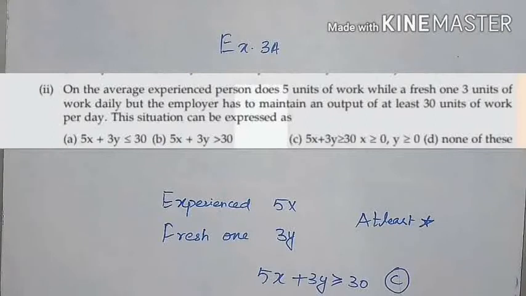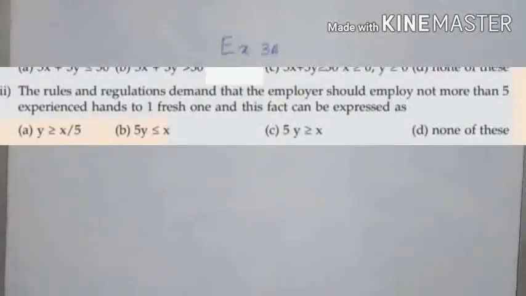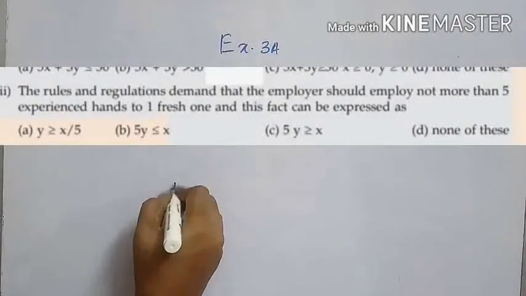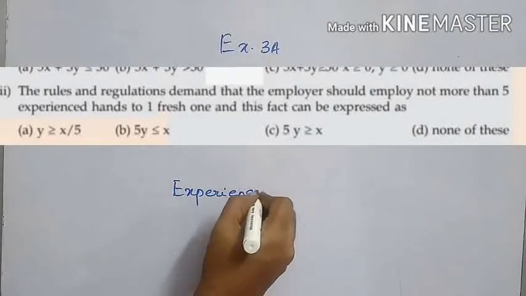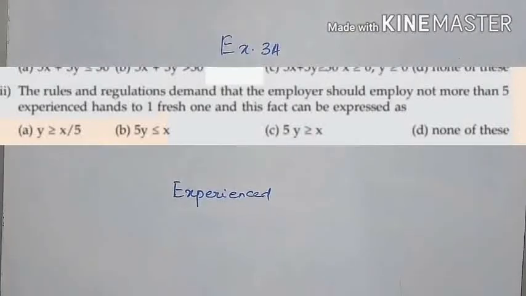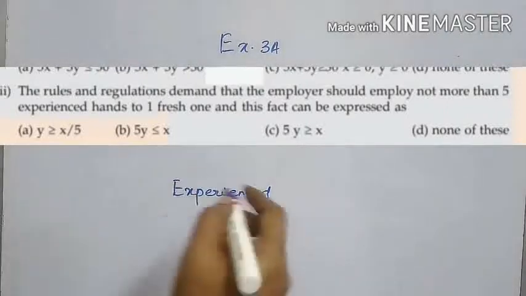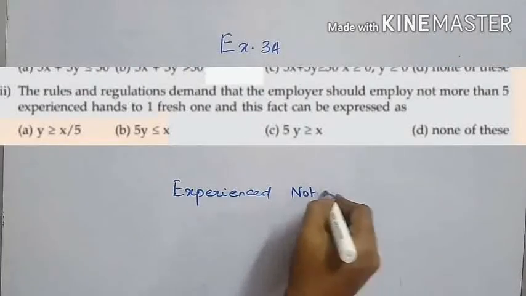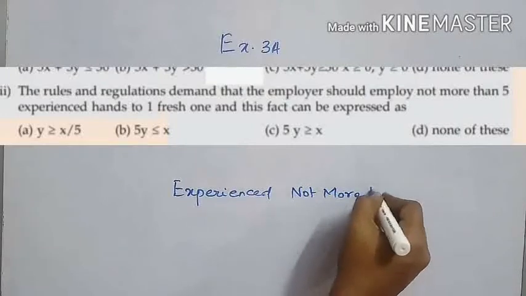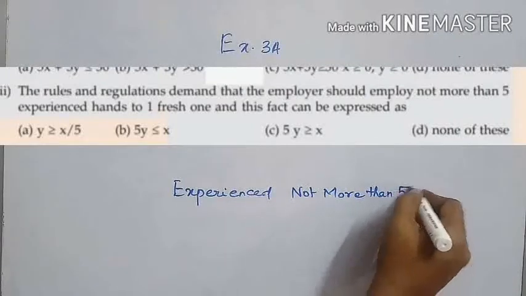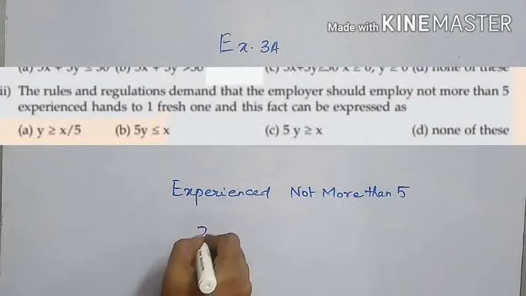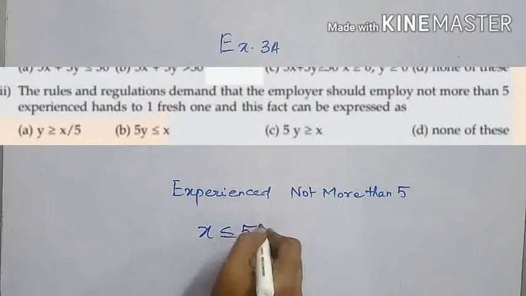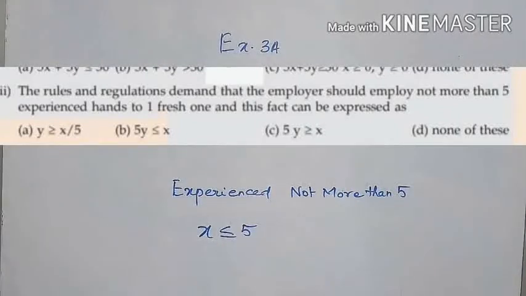The third question we have is, the rule and regulations demand that the employer should employ not more than 5 experienced hands to 1 fresh one, and this fact can be expressed as. So we are given that experienced should not be more than 5, which implies X is less than or equal to 5.